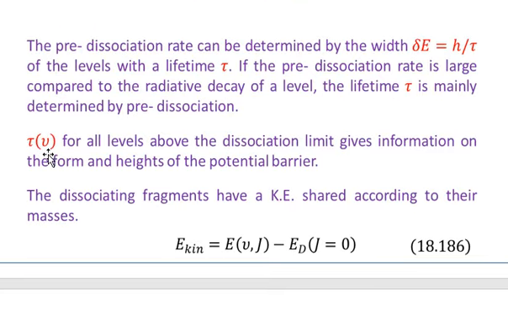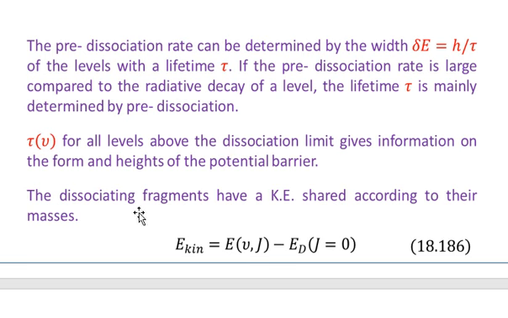Tau as a function of the vibrational quantum number V for all the levels above the dissociation limit gives information on the form and the height of the potential barrier. So the information about the potential barrier can be obtained from the value of tau as a function of vibrational quantum number V for different levels.